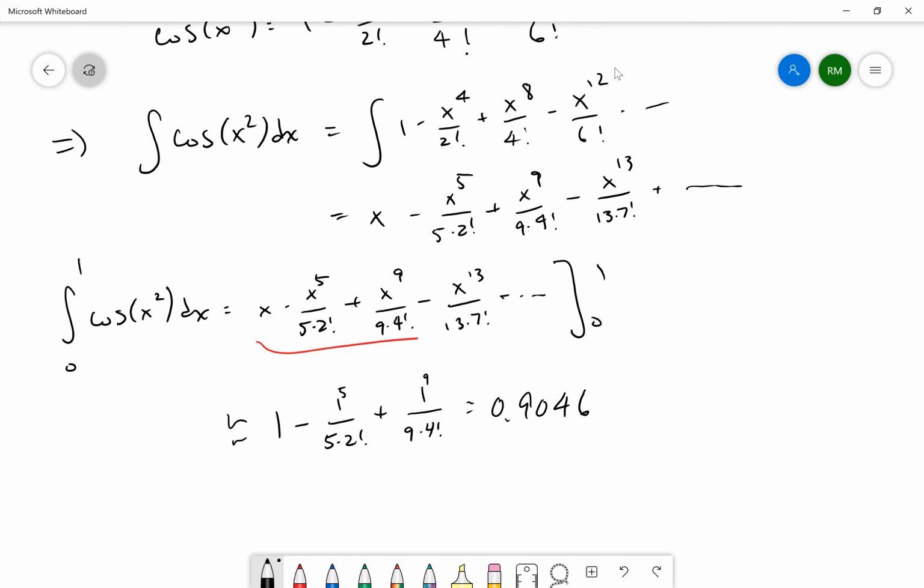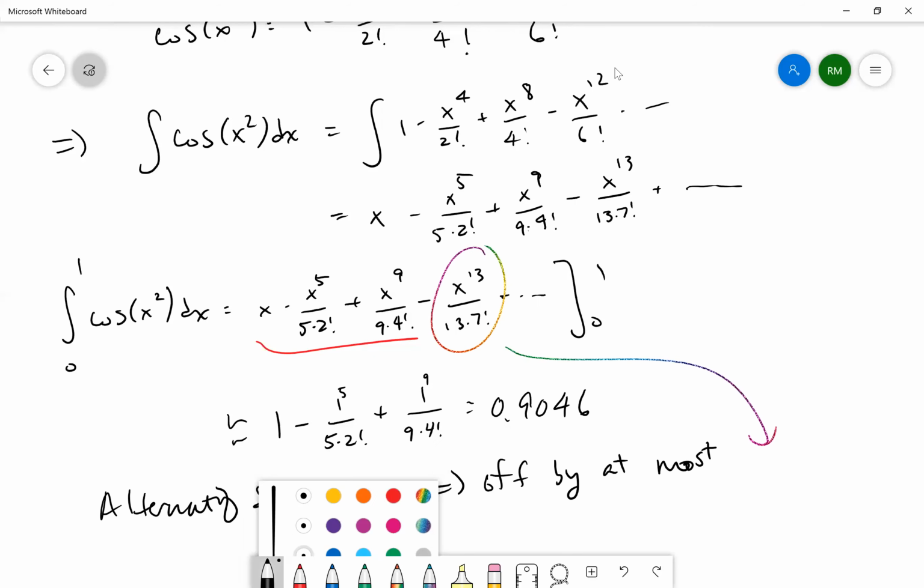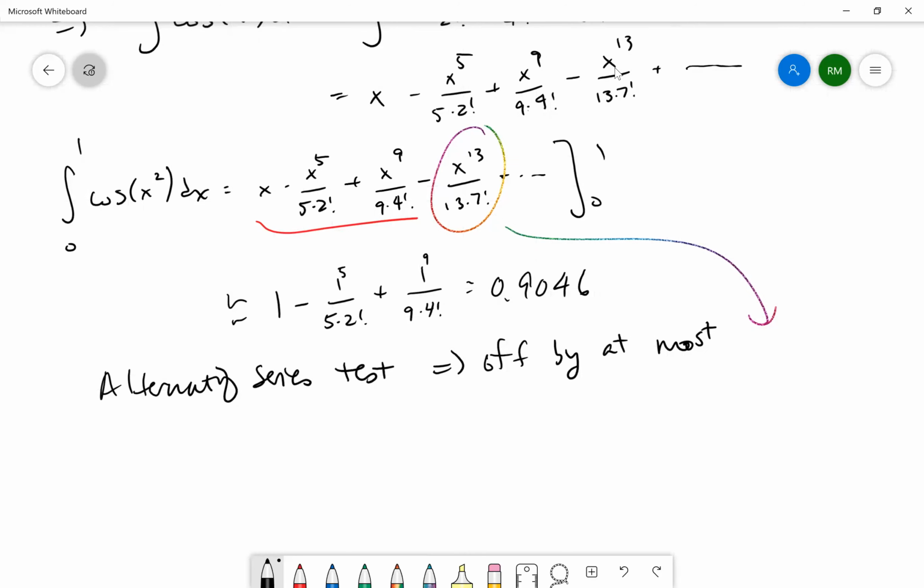So what this tells me by the alternating series test is that I'm off by at most this term right here. So remember, the alternating series test tells us that if I'm adding up terms in my series, my error term is less than the first term omitted.